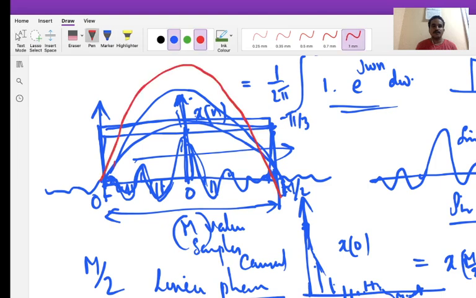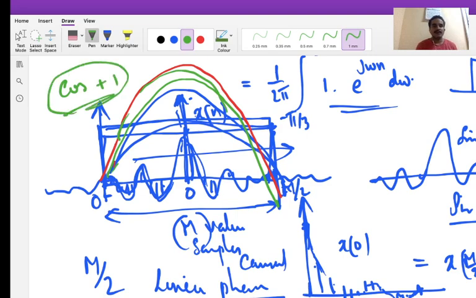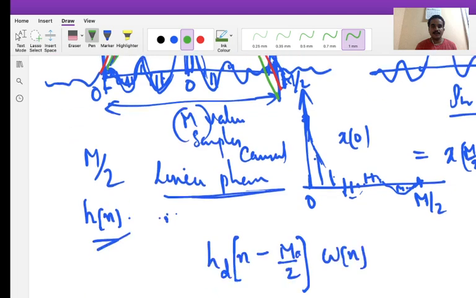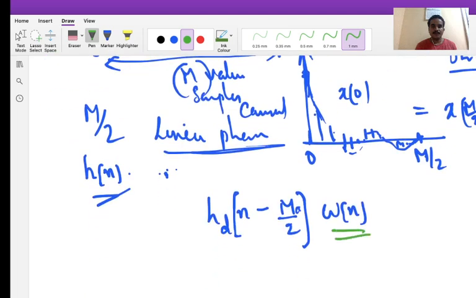This can sometimes be a cosine waveform with a DC term, which we call raised cosine function. So depending on the criteria that you want in the frequency domain, this could be any of these windows. Suppose that it is a rectangular window, then w n is basically a window having value 1 in this region.